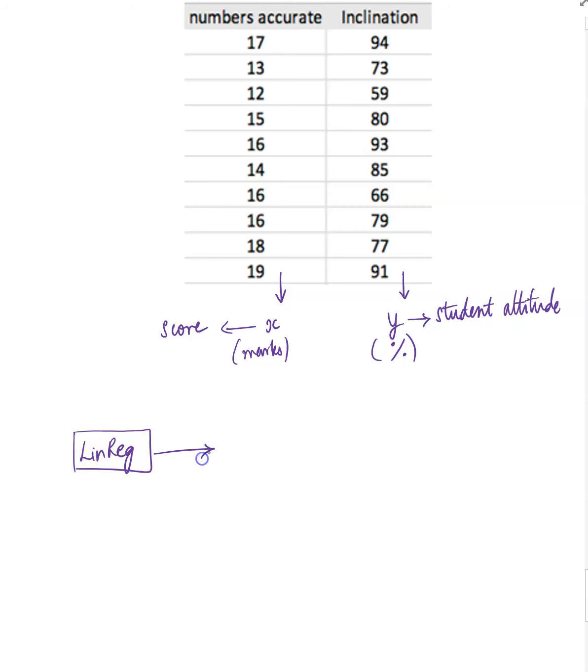When you hit the LinReg, you get Y. It first says Y equals ax plus b, right? You see that statement there. And then it says A equals 3.17924523, and B is given to be 30.10377358.